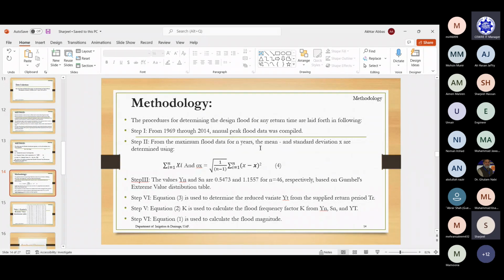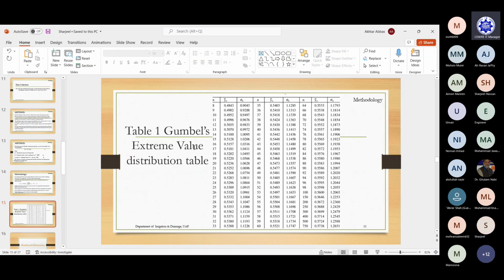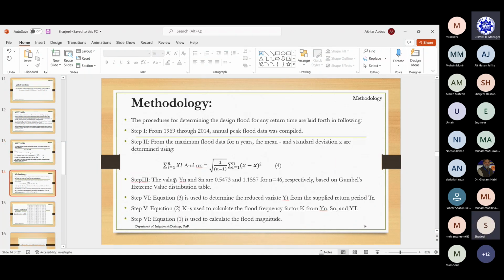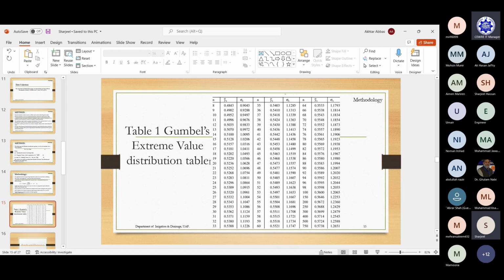From the maximum flood data of n years, the mean and standard deviation are determined, and then the values of yn and sn are 0.547 and 1.157 for n equal to 46 based on the Gumbel extreme value distribution table. As the number of years is 47, the values of yn and sigma n are drawn from this table, which shows yn value 0.5473 and sigma n value 1.1557.